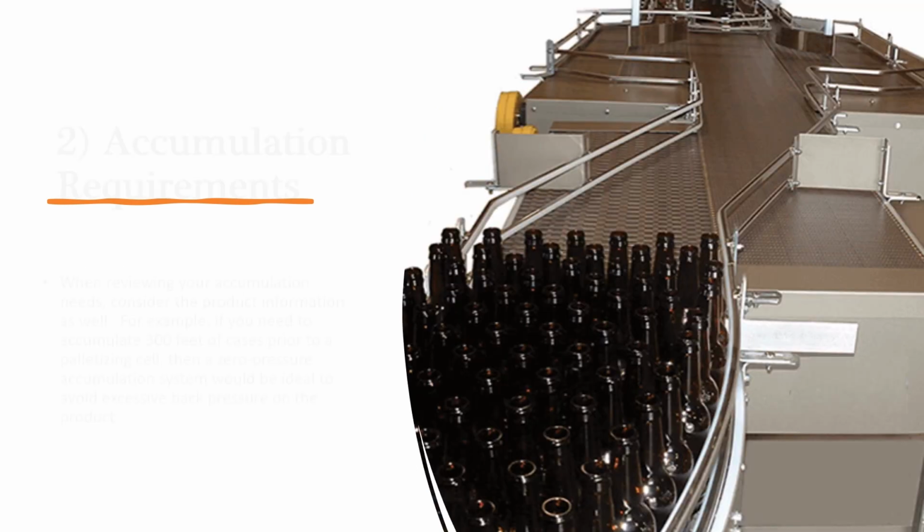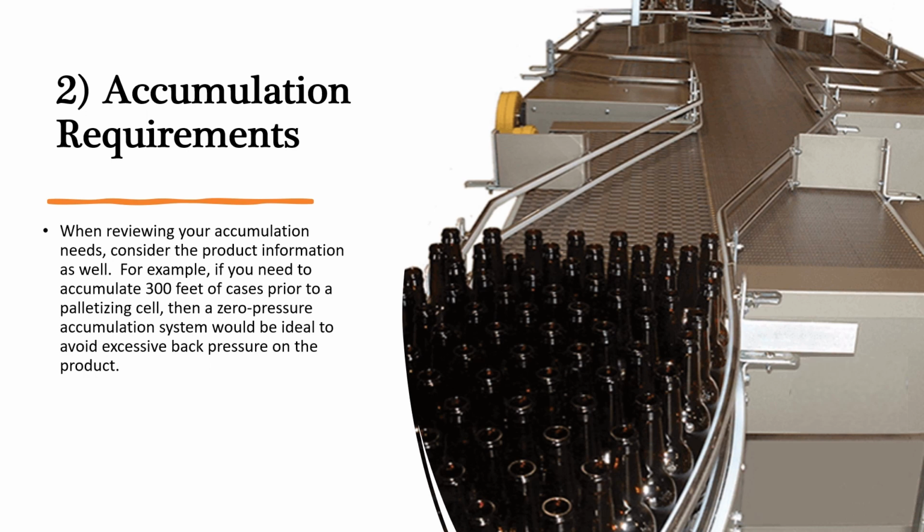Now let's check out the second parameter, which is accumulation requirements. As we discussed earlier, we should know the production rate, how the automation line is laid out, and whether there is a waiting zone or not. A waiting zone is sometimes considered a safety or buffer zone, in order to meet the production rates so that no necking zone forms.